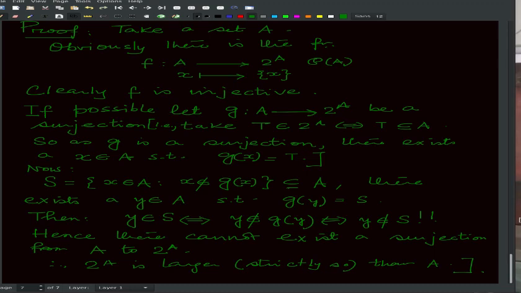Okay, so you now have that the power set of any set is strictly bigger than it. So now you have this big chain. You have 2 to the power 0, which is nothing else but 1. You have 2 to the power 1, which you know is nothing else but the 2 element set.